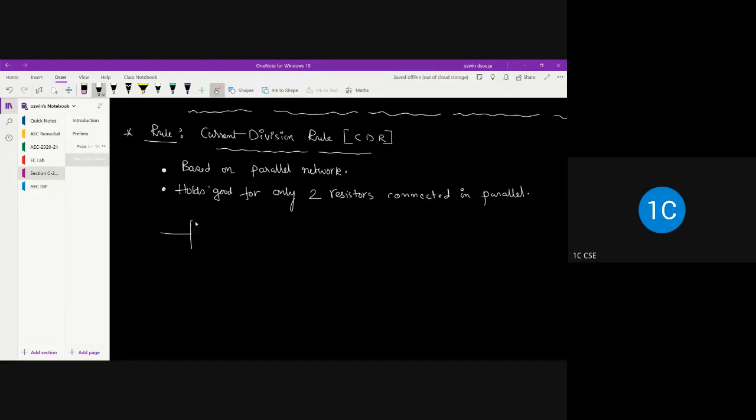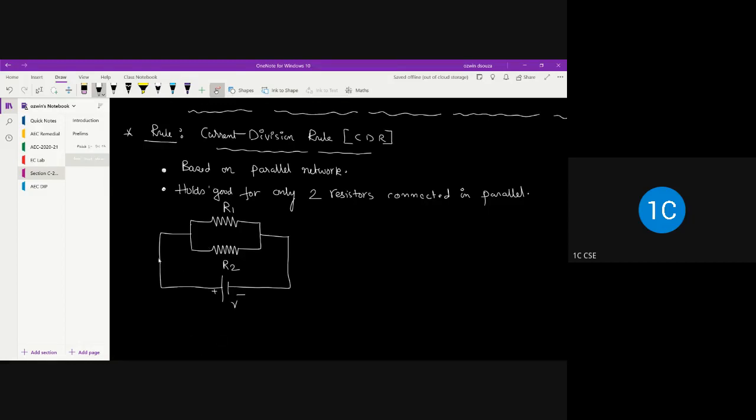Namely R1 and R2 connected in parallel across a battery having a potential of V volts.